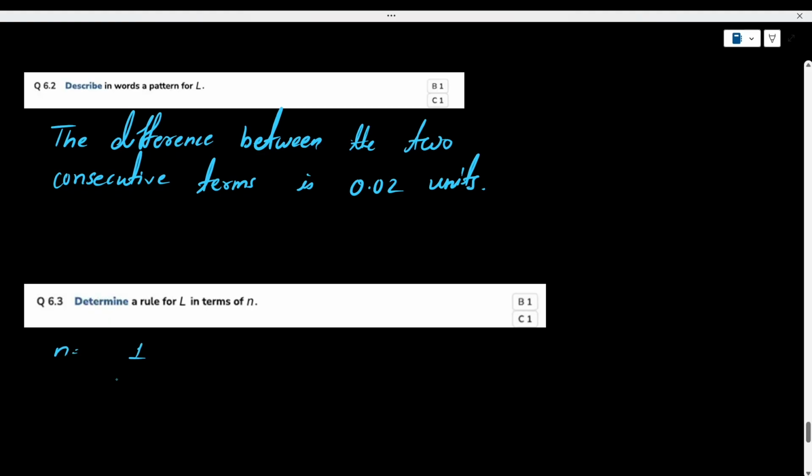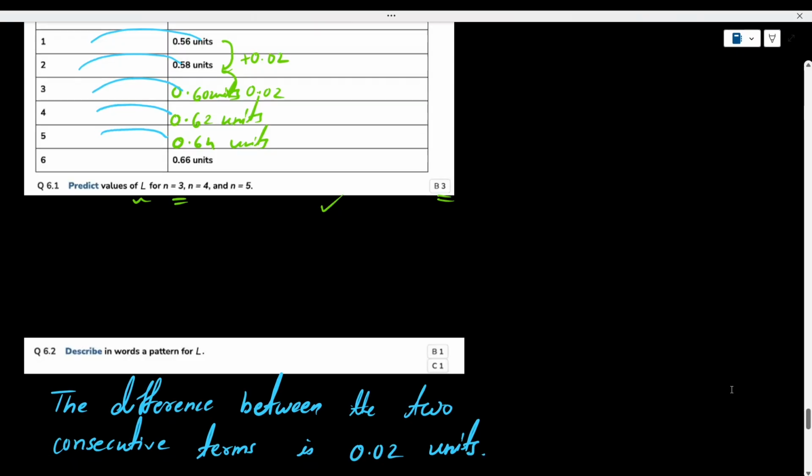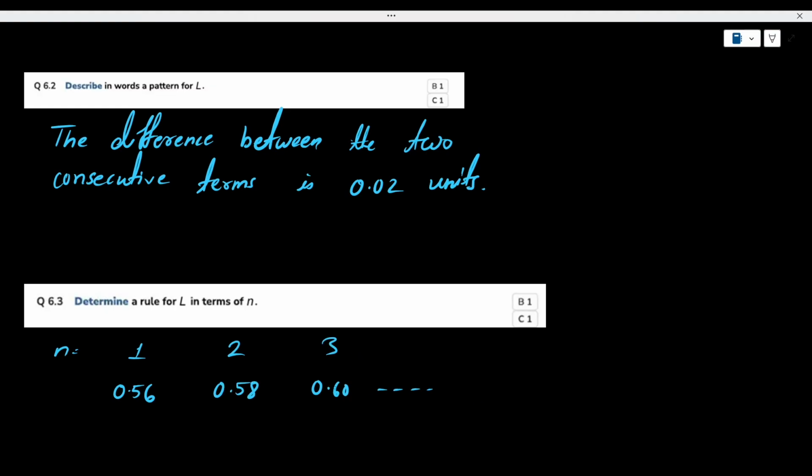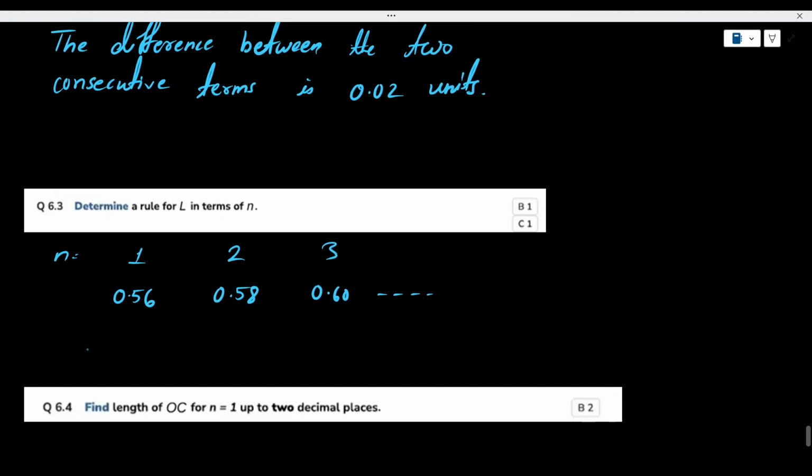The first stage is 0.56, the second stage is 0.58, the third stage is 0.60, and so on. If you see here, the first difference is the same, which is 0.02. That means this is an arithmetic or linear sequence. Here 0.62 if we get it.